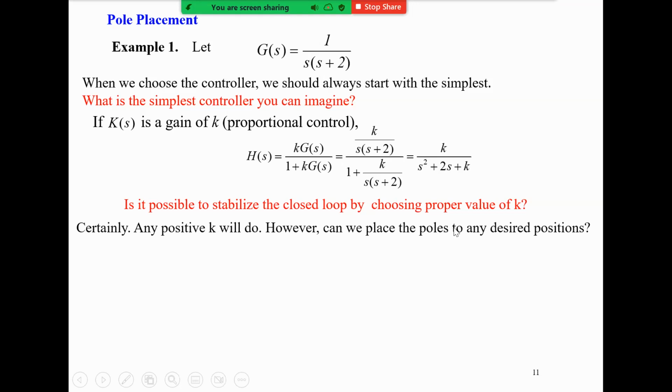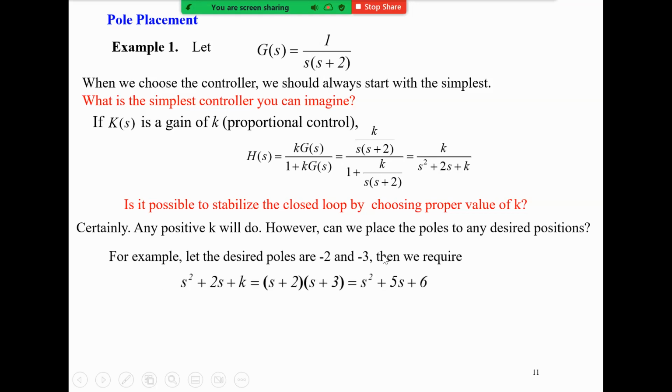But can we place the poles at any desired position? For example, let's say the desired poles are -2 and -3, right? So we want to design the K such that the poles are placed at -2 and -3. So this is the desired polynomial we want to match.